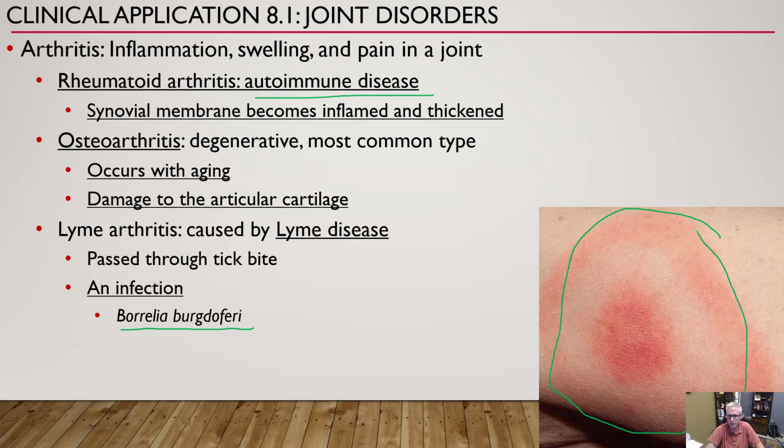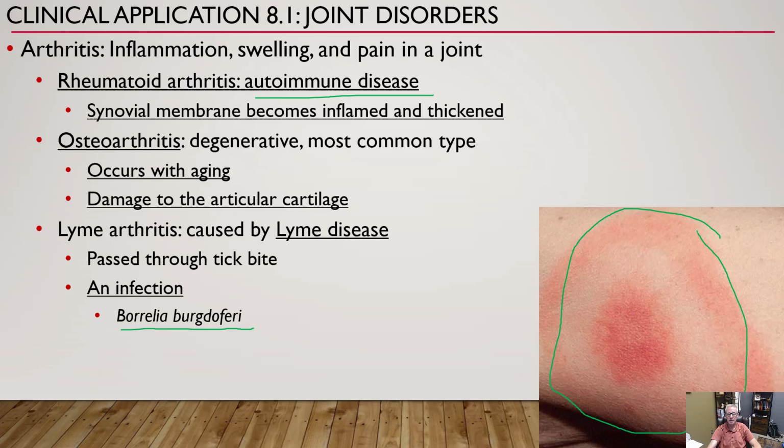I actually had Lyme disease once. I got bit by a tick. Typically, where you get bit is not where the site of infection is. I actually got bit by a tick in my groin area, but my bullseye showed up on my foot. And basically, you take 21 days of antibiotics and you're good to go.